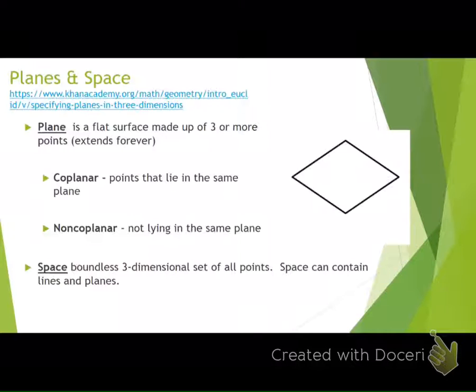All right, so let's talk about planes in space. So a plane is a flat surface made up of 3 or more points and extends forever. So technically your desks are a plane. Now, do they extend forever? No, but it is a flat surface, right? Do you guys see that? The floor is a plane. The ceiling is a plane. The wall is a plane.